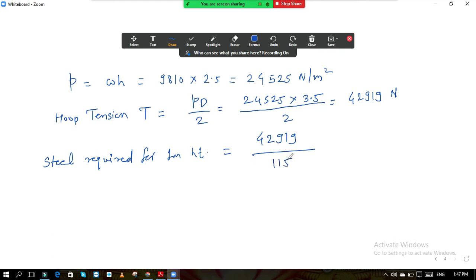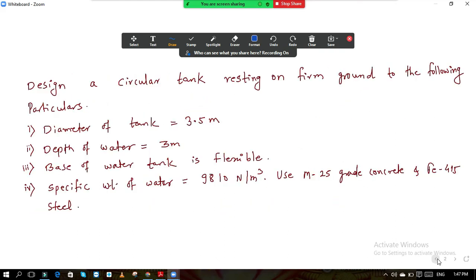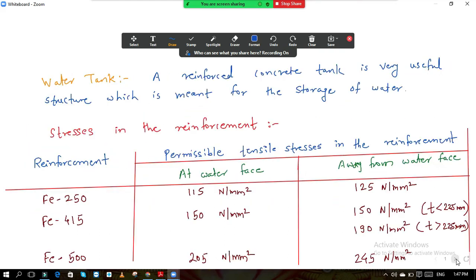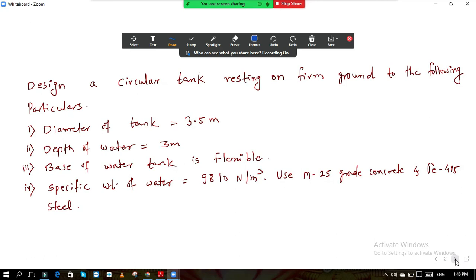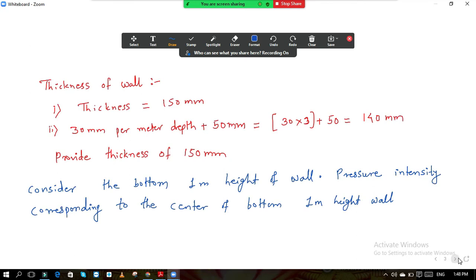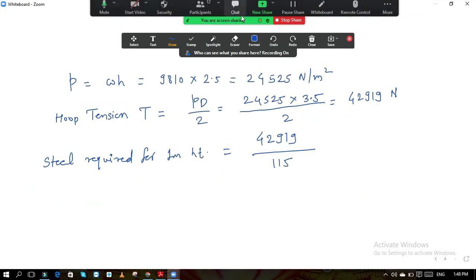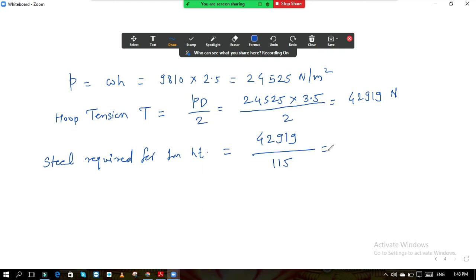This stress is already given in the first table which I have given to you. In that table, look at that value 115. Okay, 115 is the value we have considered. So if we solve this, it works out to be 373.2 mm square.